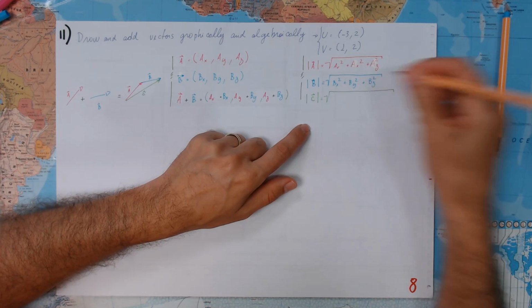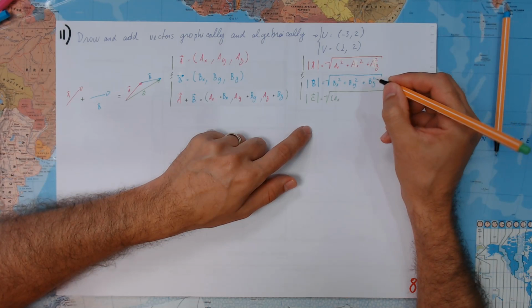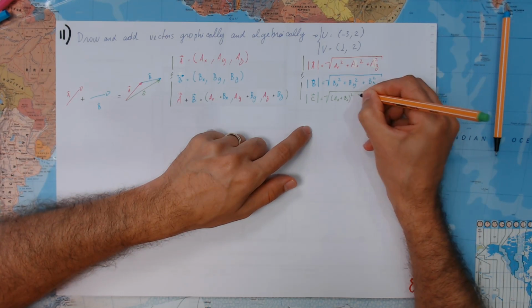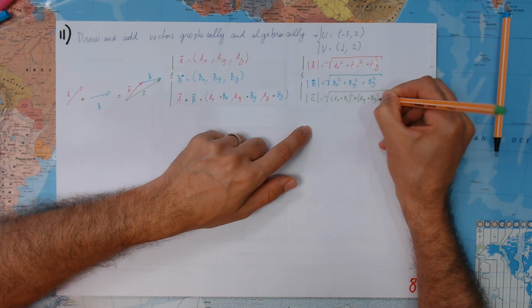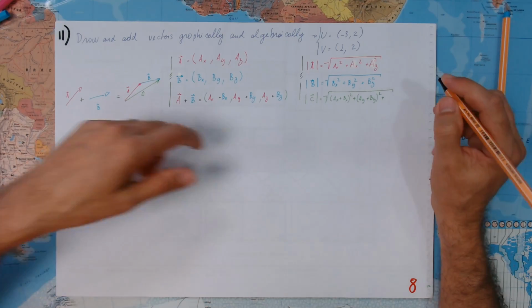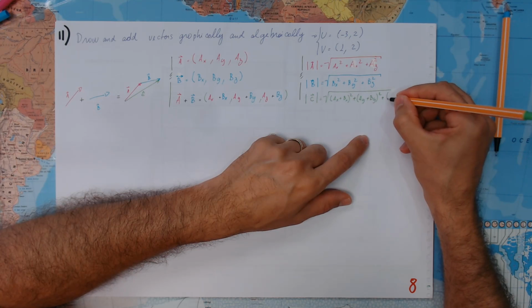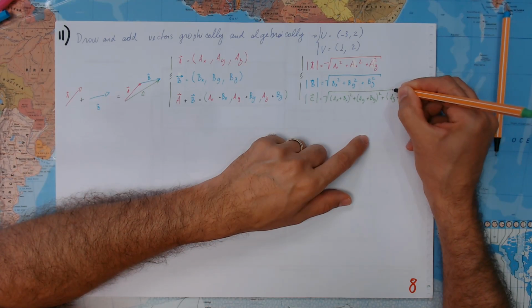It's going to take too long. It's going to be ax plus bx squared plus ay plus by squared plus az plus bz squared.